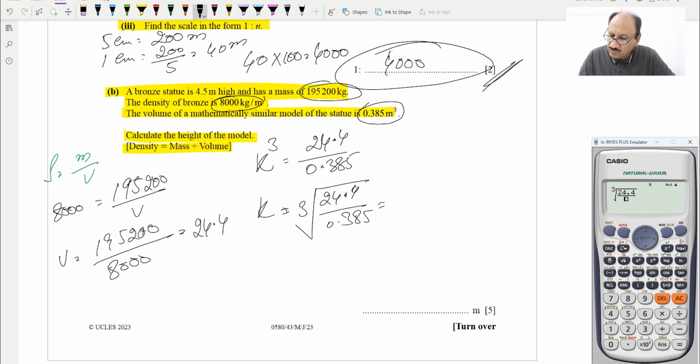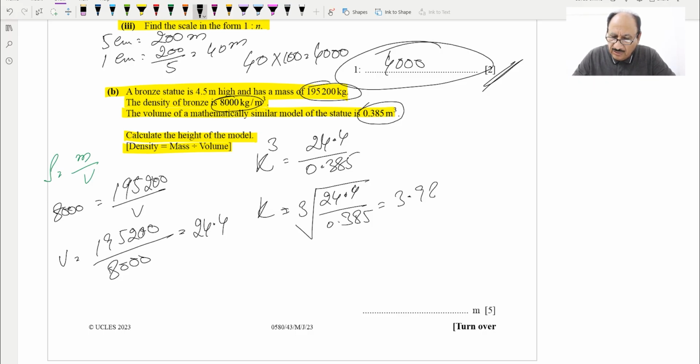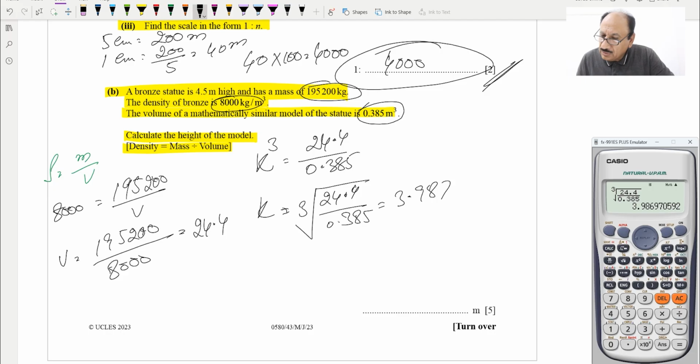This is giving us 3.9869, so I have rounded it, 3.987.